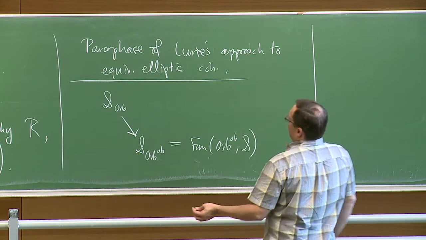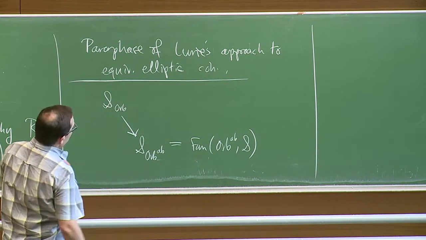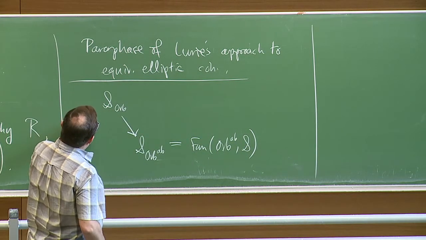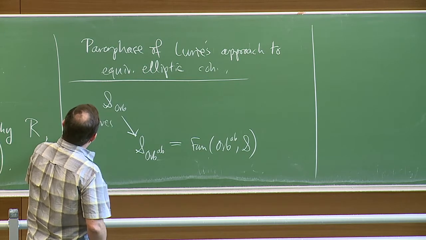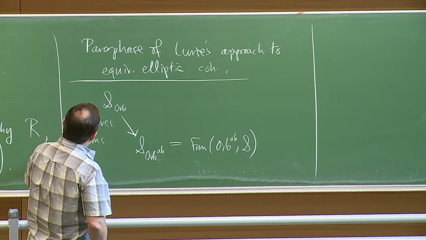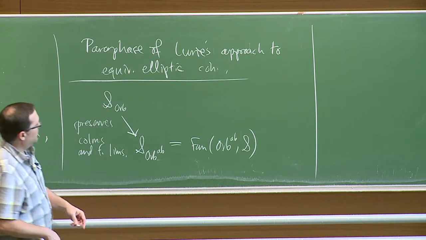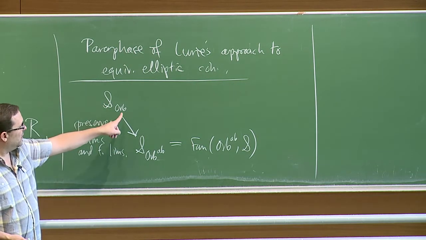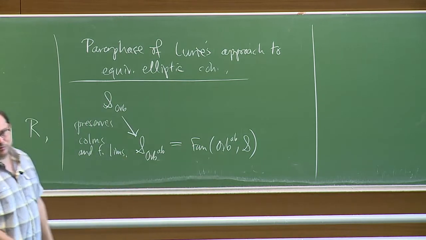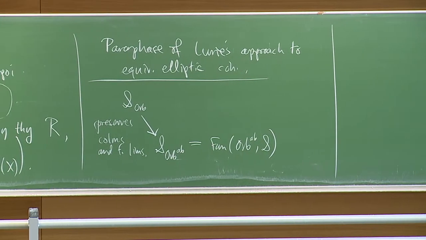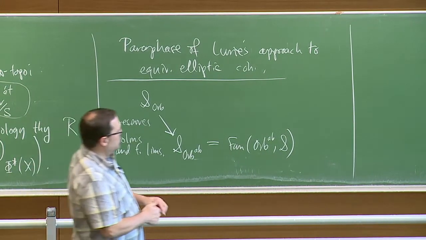And, well, this morphism preserves colimits and finite limits. It has two adjoints, so that's a morphism of topoi.